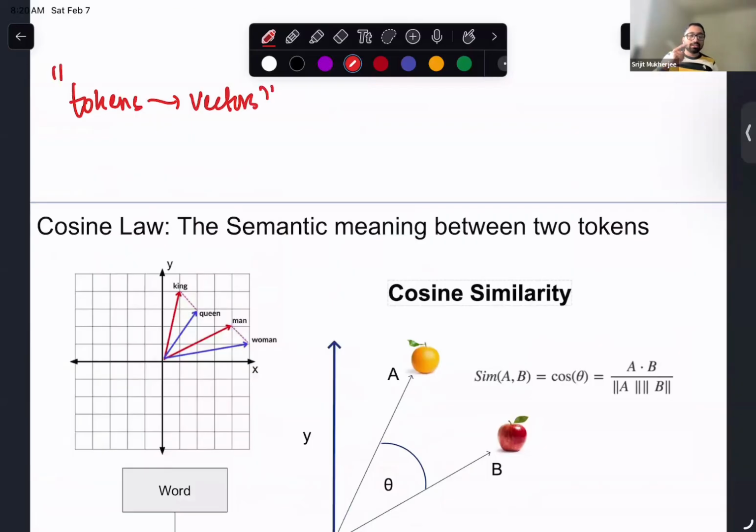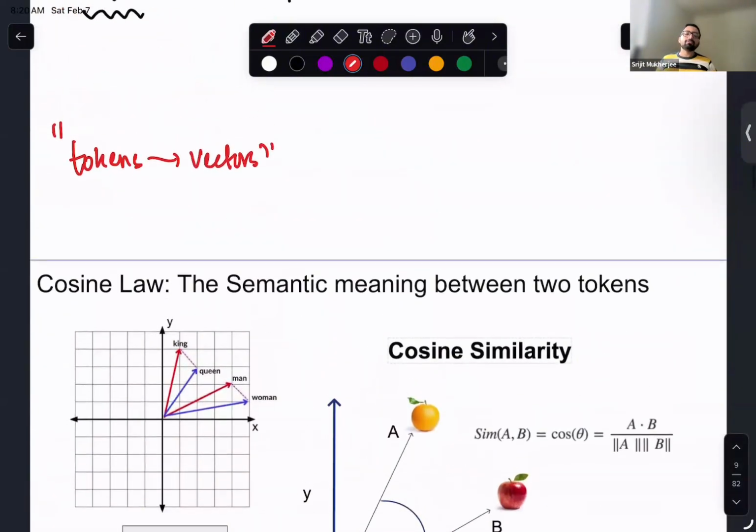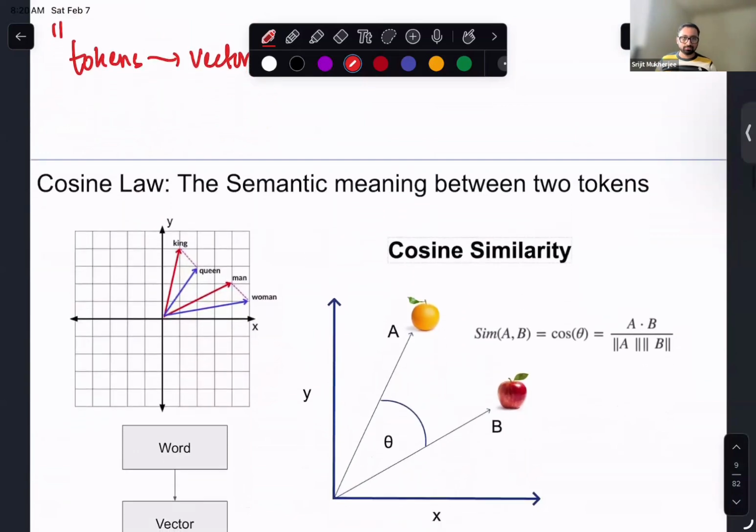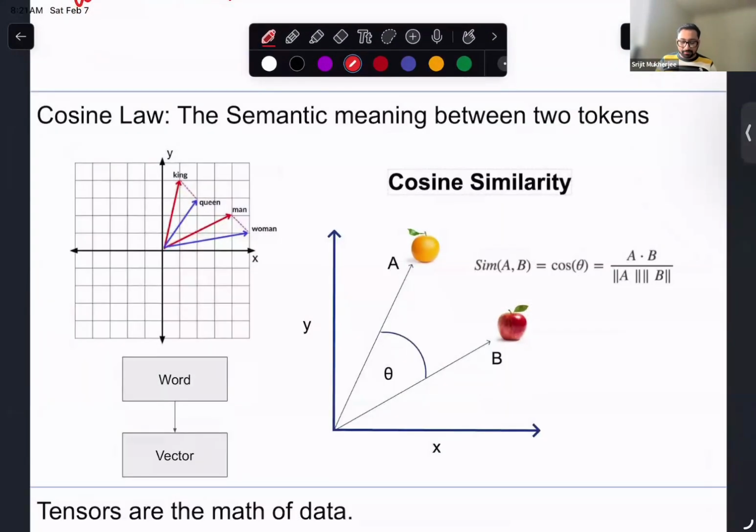What I'm saying is that it should contain both the position and the semantic relationship. But let's say you have this vector representation. How do you measure the similarity between these vectors, the semantic meaning?